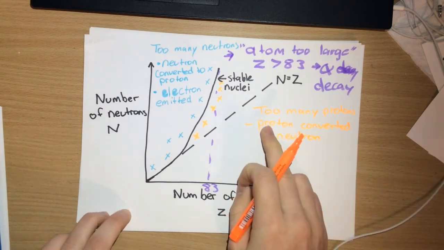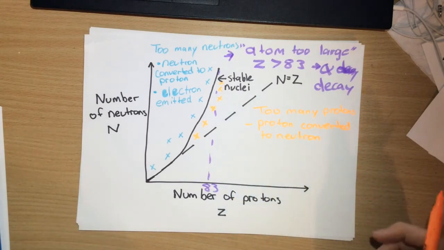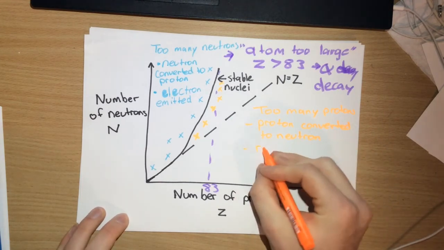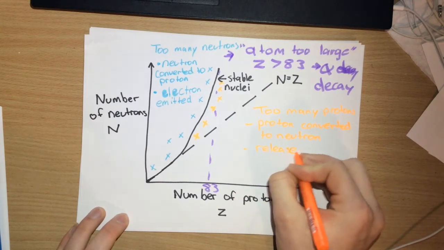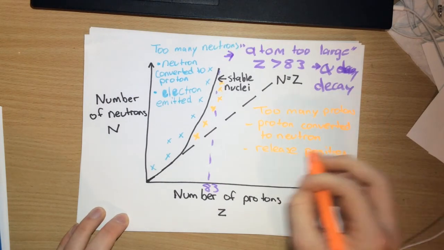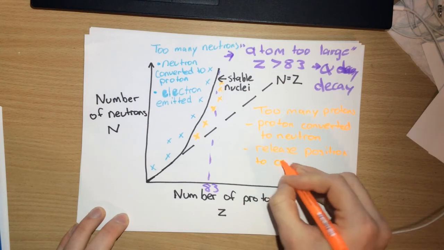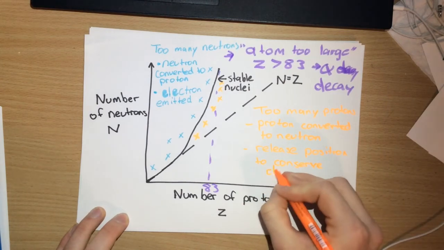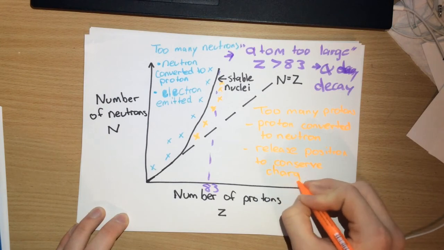Because a proton is converted to a neutron, we have to conserve charge, and so we release a positron to conserve charge. It's exactly the same as the electron case, in theory.